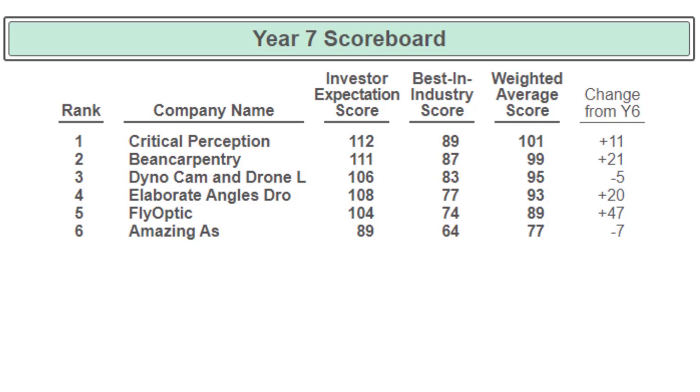Great showing, Team F. Very proud of you. Now you're in the hunt. And actually at 89 for the Year 7 scoreboard. Of course, we'll get to the game-to-date scoreboard. That's really good. And Team A, a little concerned because you did drop 7. Not deeply concerned, but just a little. I mean, you're at 77 for Year 7.